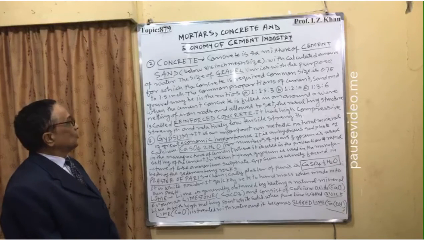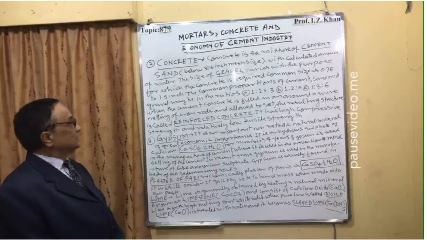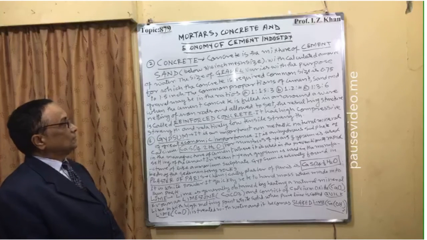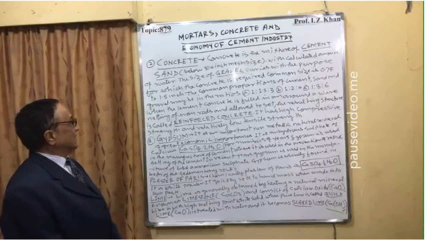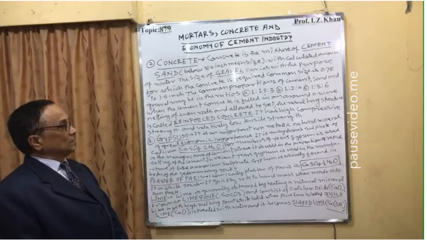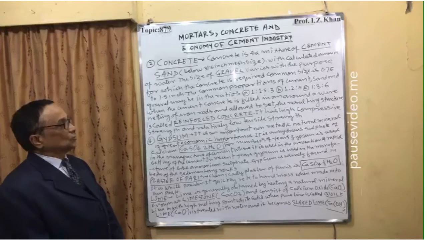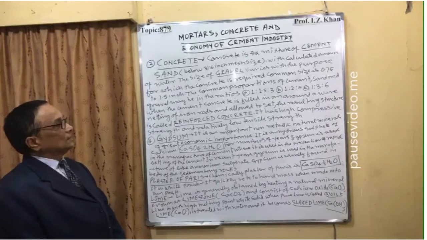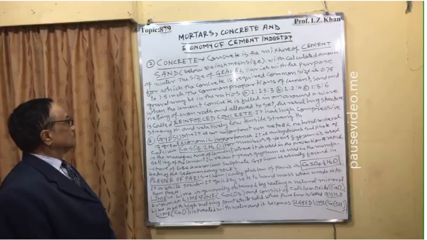Common size is 0.75 to 1.5 inch. The common proportions of cement, sand and gravel may be in the ratio of A 1:1.5:3, B 1:2:4, C 1:3:6.